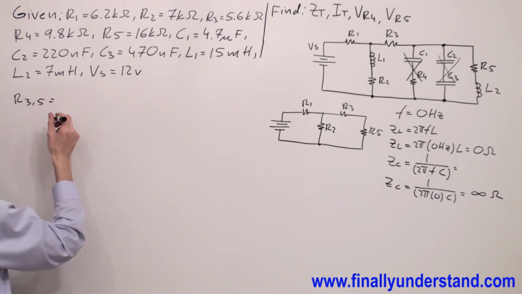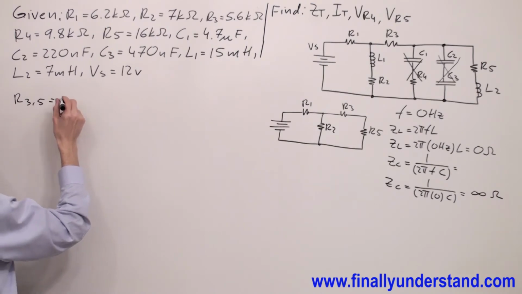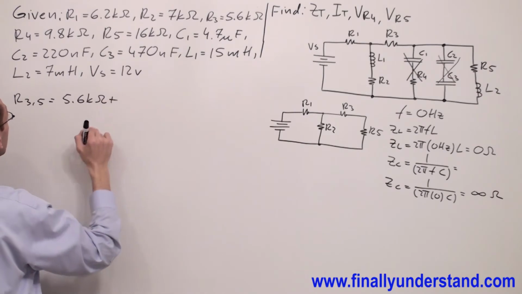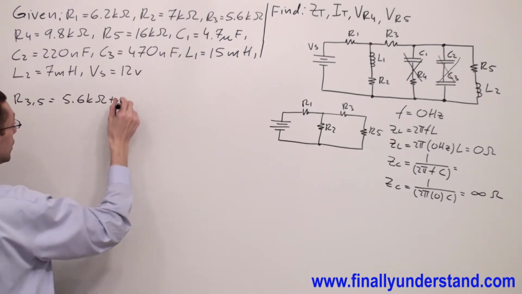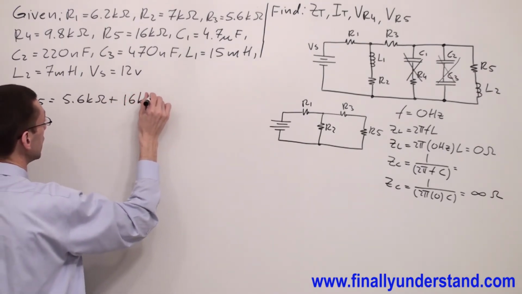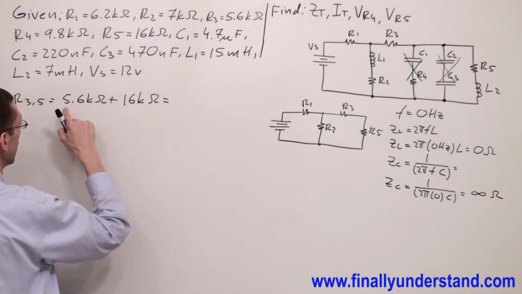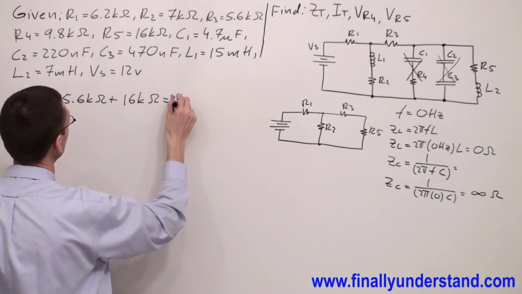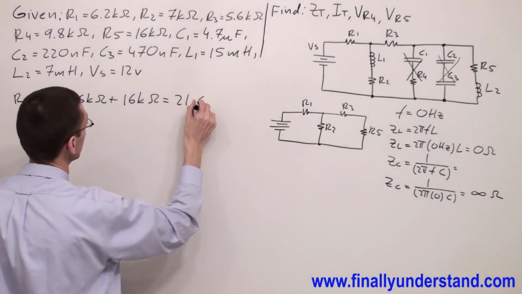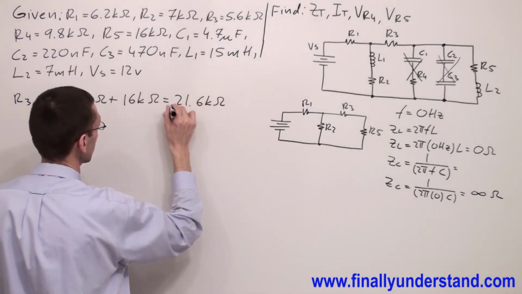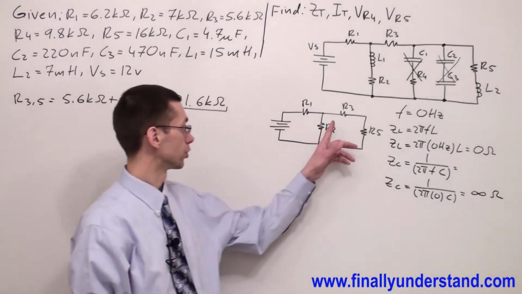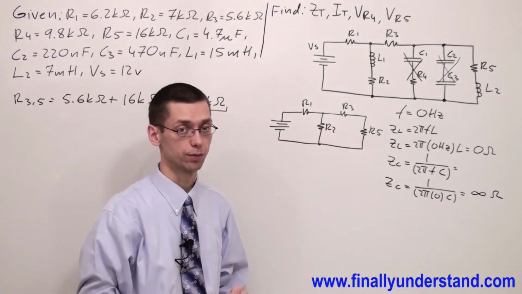R3 is equal to 5.6 kilo ohms plus R5, which is equal to 16 kilo ohms. 5.6 plus 16 is equal to 21.6 kilo ohms. So this is the total resistance of these two resistors.